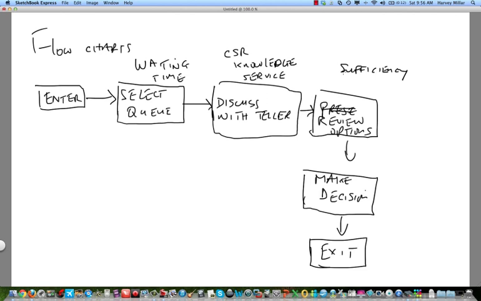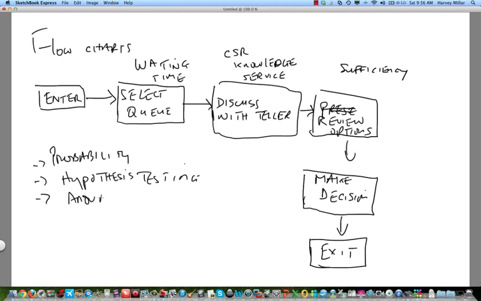I think a number of these statistical tools, you're kind of familiar with a lot of them. Just for example, in terms of statistics, probability theory. We get into hypothesis testing. And I'm not going to review that here for you because you just completed that with Dr. Lee. Then we're looking at things such as analysis of variance.